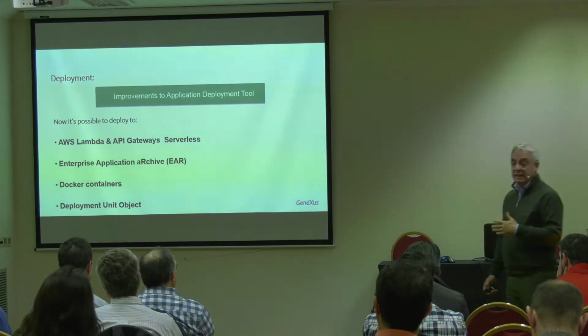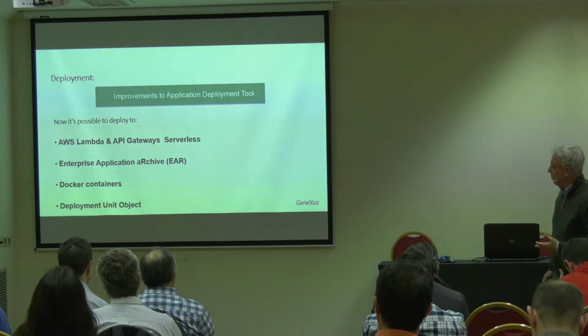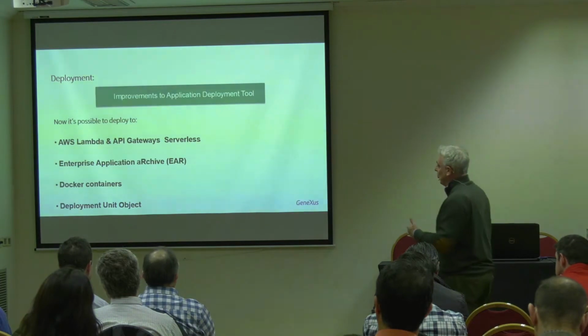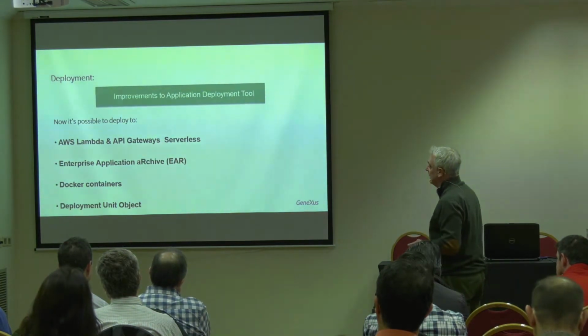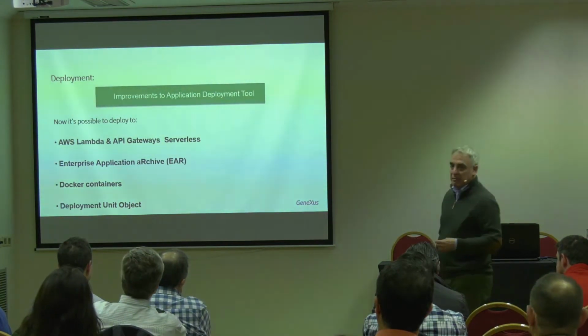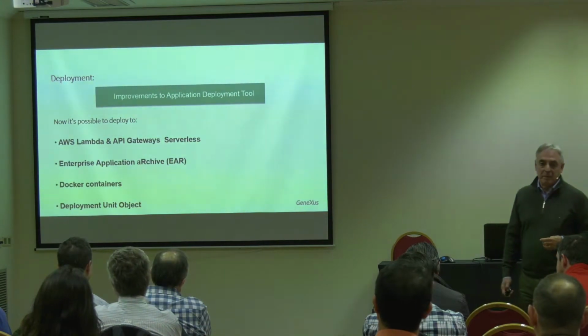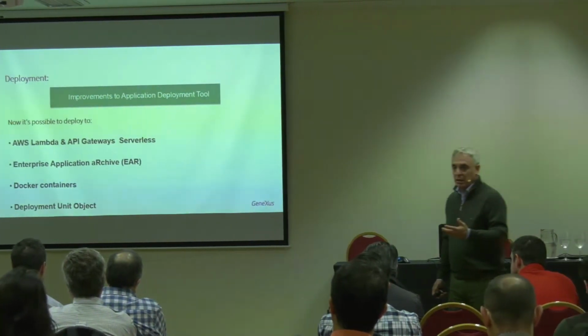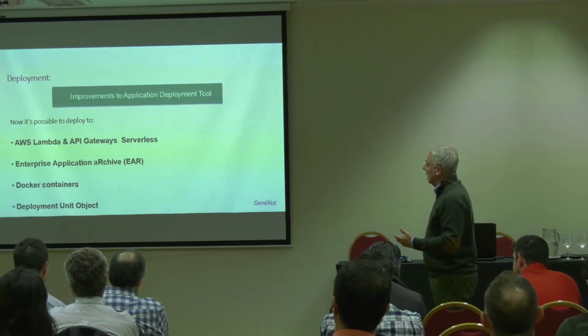Now, in GeneXus 16, we've got some advantages and some changes. Just for example, we'll be able to use the Lambda services of Amazon Web Services, allowing us to respond to events in our app.